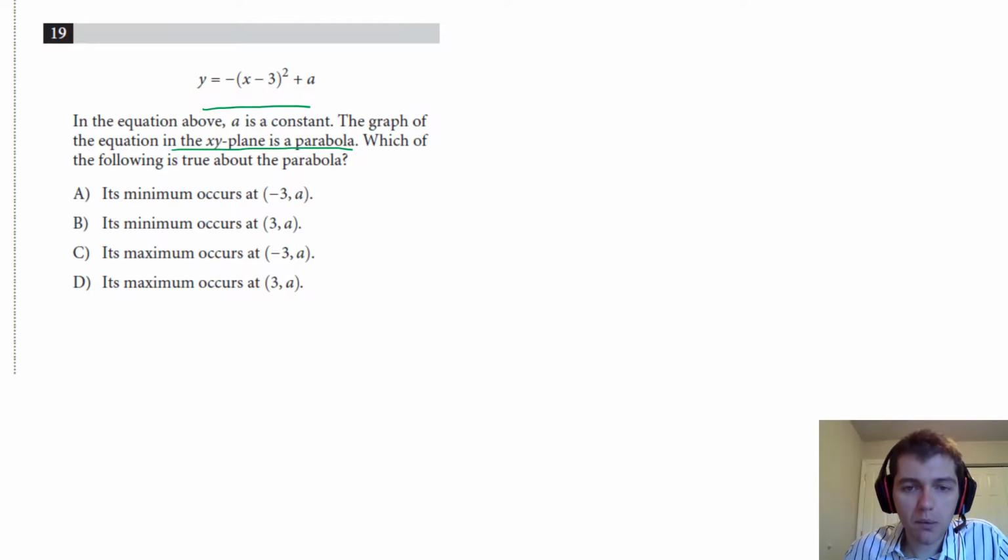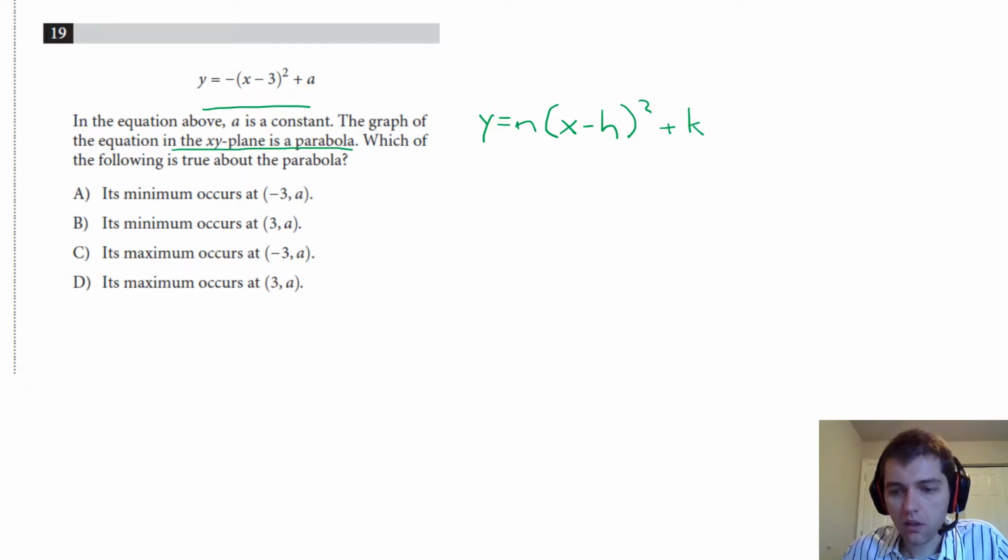But the equation of a parabola, if you do not remember, is y equals n(x minus h) squared plus k, where the vertex of the parabola is (h, k), and whether the parabola is upward facing or downward facing is determined by the sign of n, whether it's positive or negative.